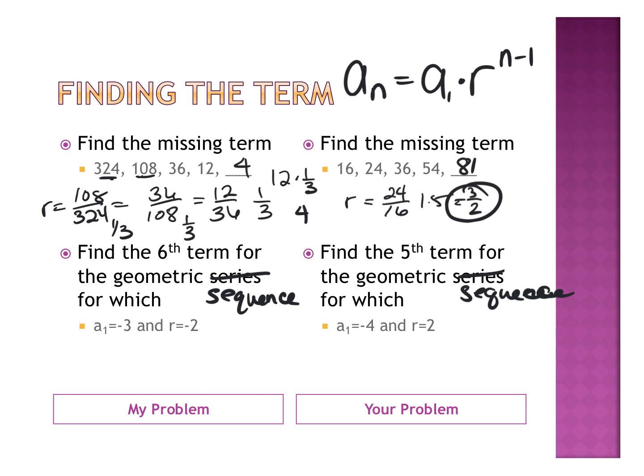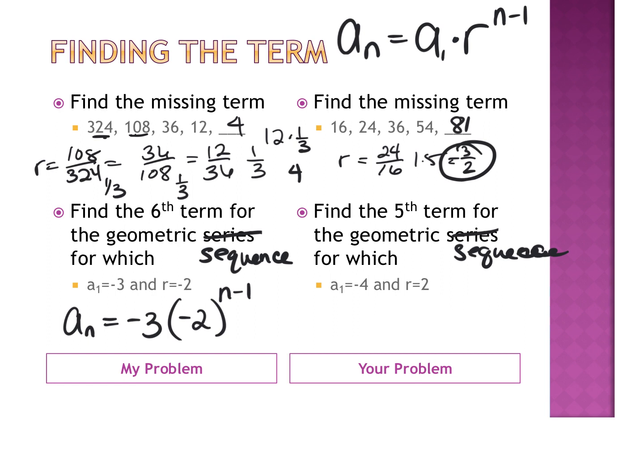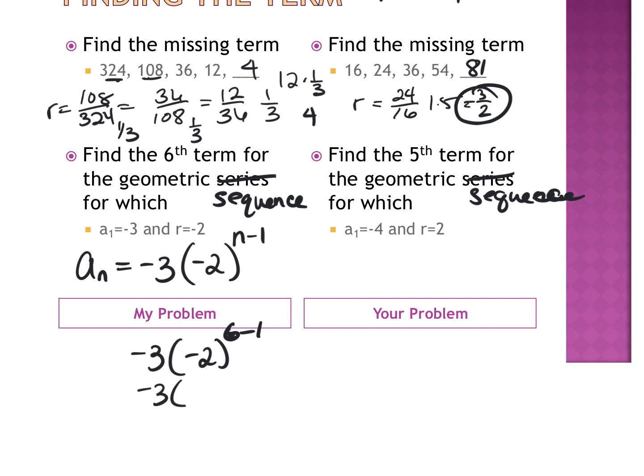If a1 is -3 and r is -2, an is -3. I'm going to put r in parentheses because it's negative to the n minus 1 power. I have to be really careful with negatives, and I have to be really careful with order of operations here. Okay, -3 times -2 to the 6 minus 1. 6 minus 1 is 5, so that's -3, because remember, it asked me for the sixth term, to the 5th power.